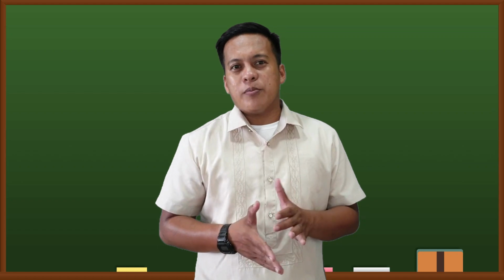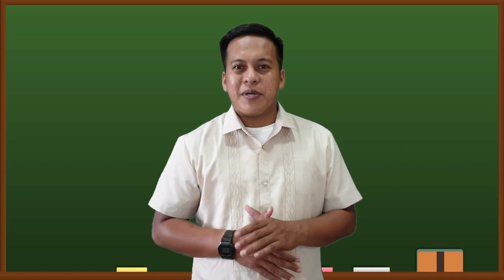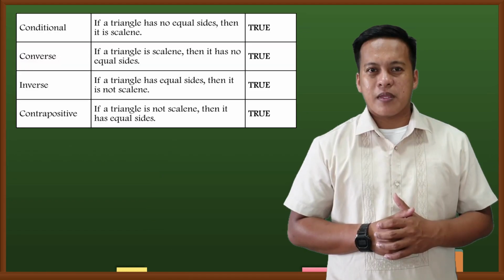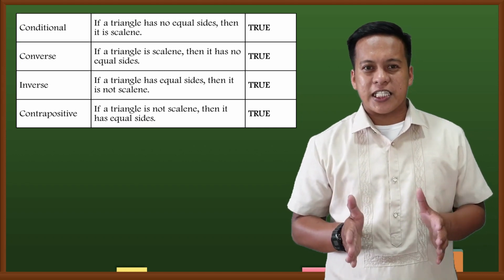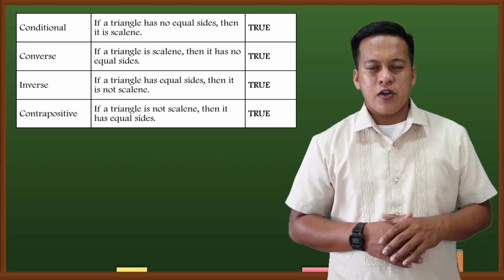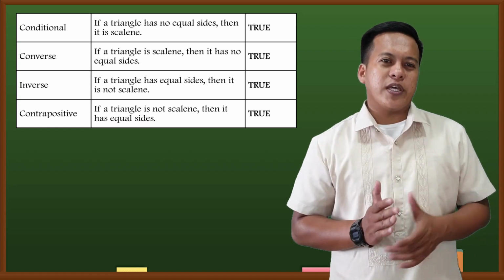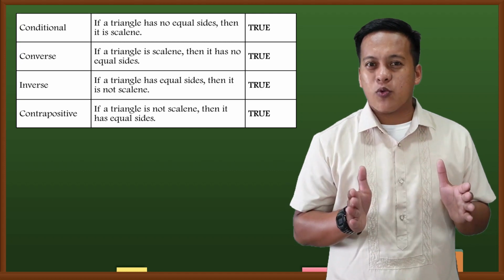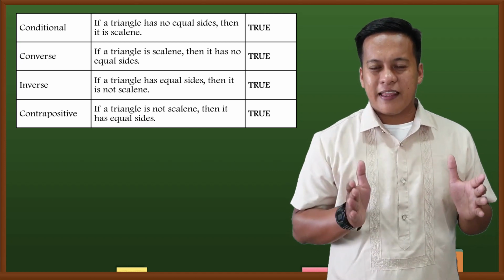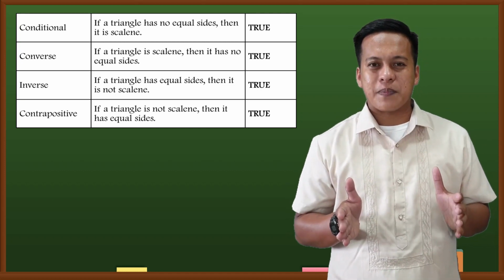In example number 2, we have the statements as presented. Now let us determine the truth values of each related conditional. For the conditional statement, we have, if a triangle has no equal sides, then it is scalene.